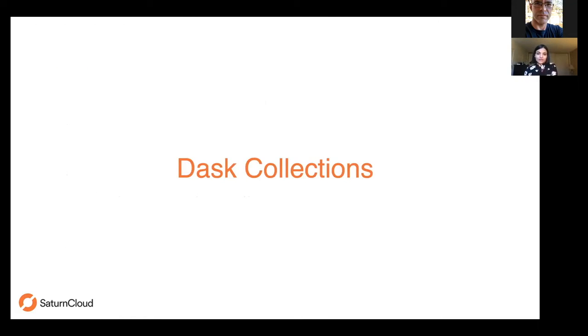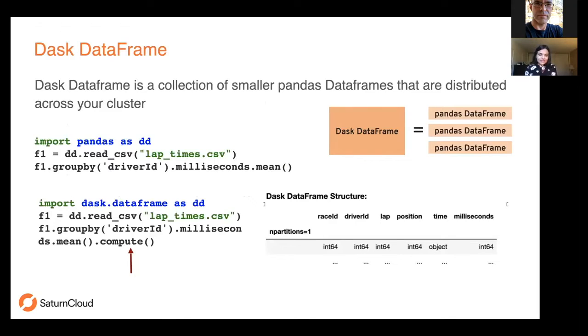Okay, so let's check some Dask collections. The first one is the Dask data frame. A Dask data frame can be thought of as a bunch of Pandas data frames. When you are using a Pandas data frame, all the computations are done in a single-threaded way. But a Dask data frame uses partitions, so the computations are done in parallel on all the data frames.